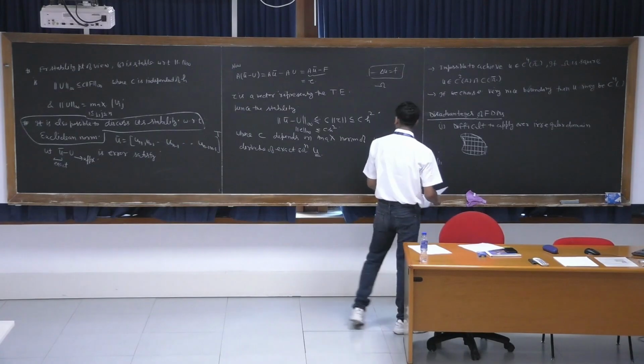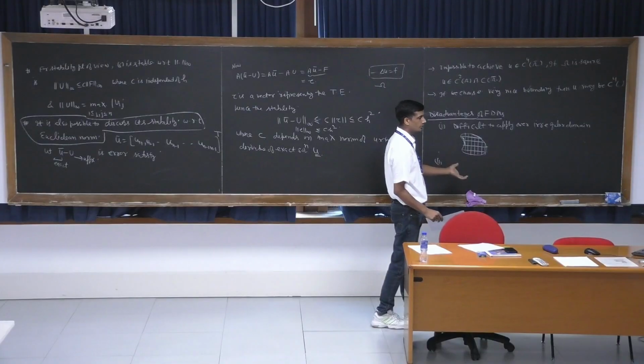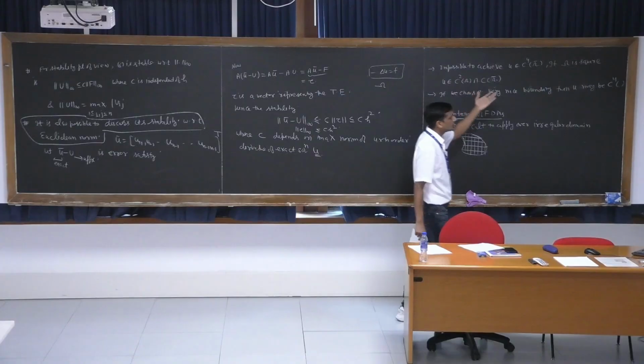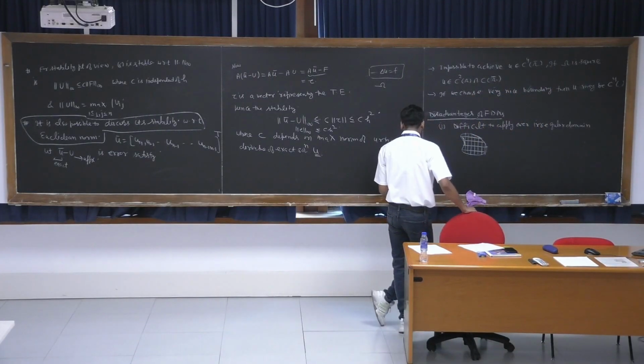Second one, as I told you, it requires high regularity for the solution. As I told you here, if U is C4, then we can estimate its stability and other things.